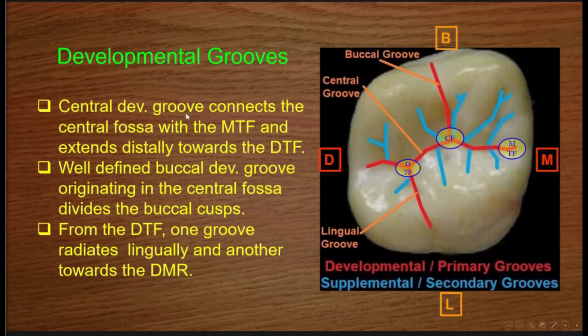The central developmental groove connects the central fossa with the mesial triangular fossa and extends distally towards the distal triangular fossa. A well-defined buccal developmental groove originating in the central fossa divides the buccal cusps. Here is the buccal developmental groove. From the distal triangular fossa, one groove radiates lingually and another towards the distal marginal ridge.